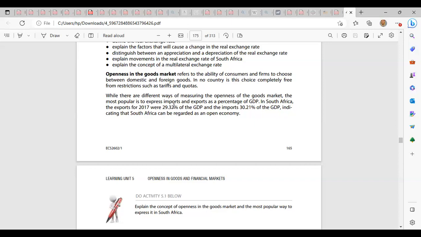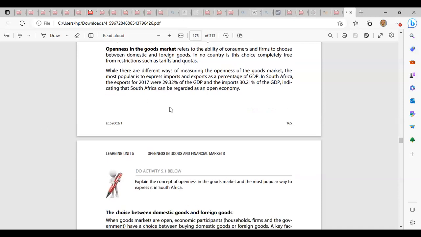So in South Africa in 2017, exports were 29.32 percent of GDP, and imports were 30.29 percent of GDP, indicating generally that South Africa is an open economy. You can do this calculation either way.